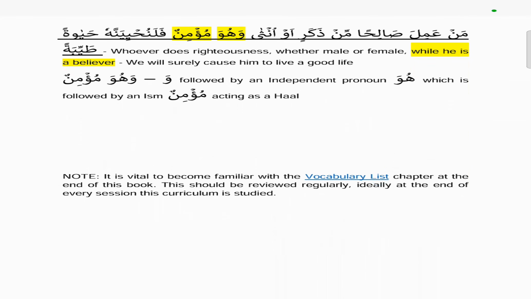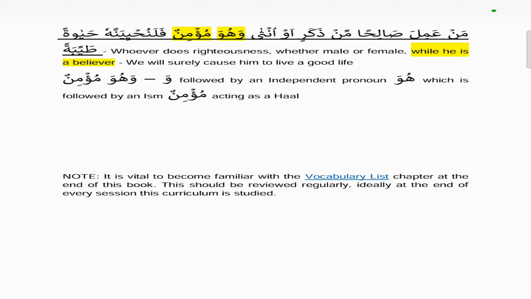مَنْ عَمِلَ صَالِحًا مِنْ ذَكَرٍ أَوْ أُنْثَى وَهُوَ مُؤْمِنٌ فَلَنُحْيِيَنَّهُ حَيَاةً طَيِّبَةً. This means whoever does righteousness, whether male or female, while he is a believer, we will surely cause him to live a good life. You can see the yellow highlighted matches the Arabic.